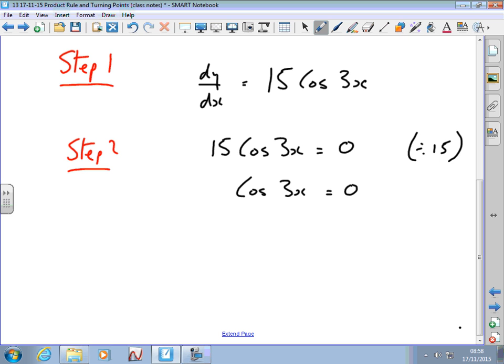And now I want to find the value of x, so I'm after the angle whose cosine is 0. So 3x equals cos to the minus 1 of 0.